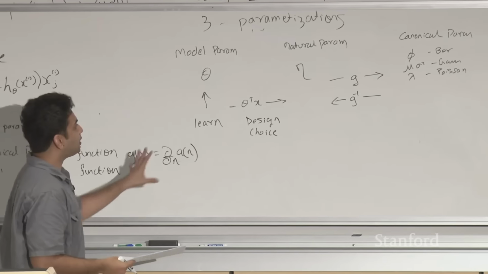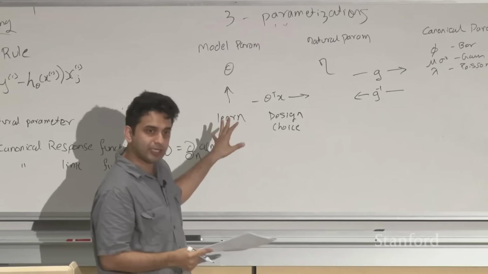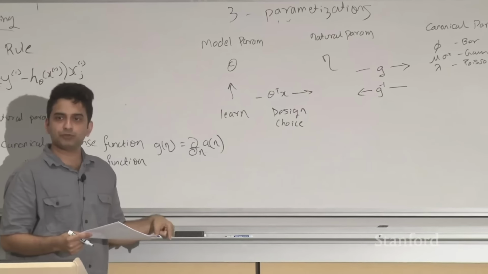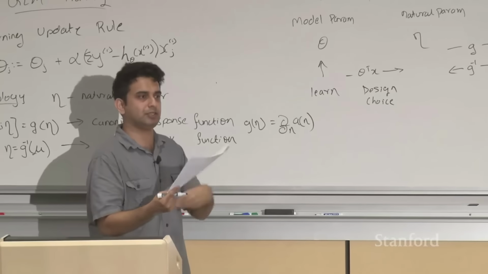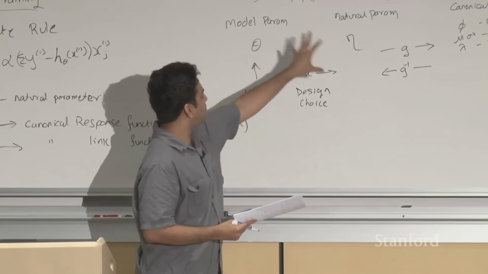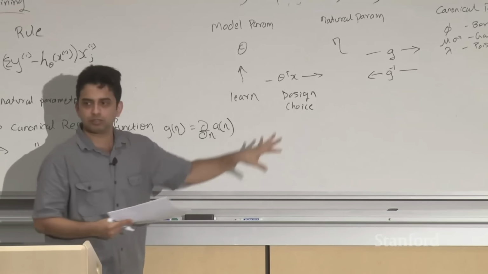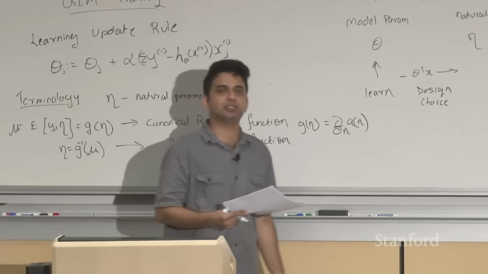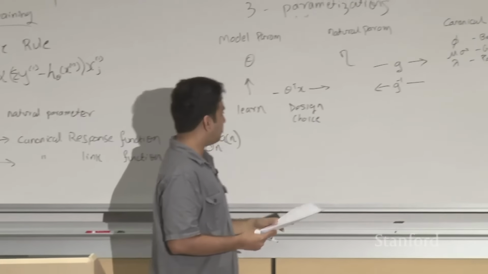It's important to realize, it can get pretty confusing when you're seeing this for the first time because you have so many parameters that are being swapped around and reparameterized. There are three different ways in which we are parameterizing generalized linear models.